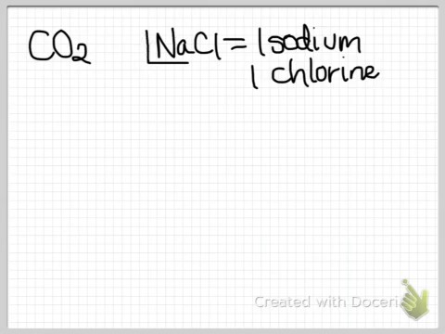Well, when you're looking at chemical compounds, you want to look for capital letters and a small letter. If you have a capital and a small letter together, that means that is one atom or one element. If you have another capital and small letter, there's another element.